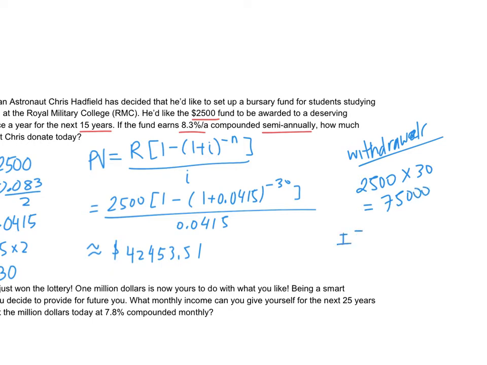So the interest, this is how much the account ended up giving. This is how much he actually put in. We subtract them, $32,546.49 in interest, which is pretty awesome.